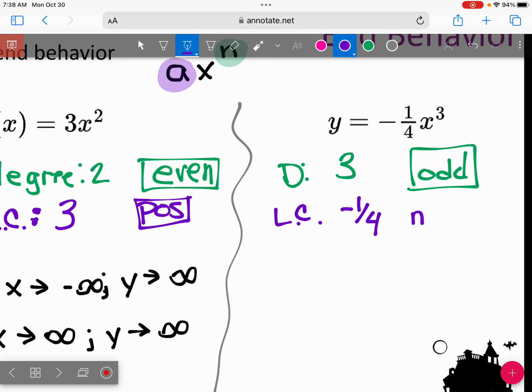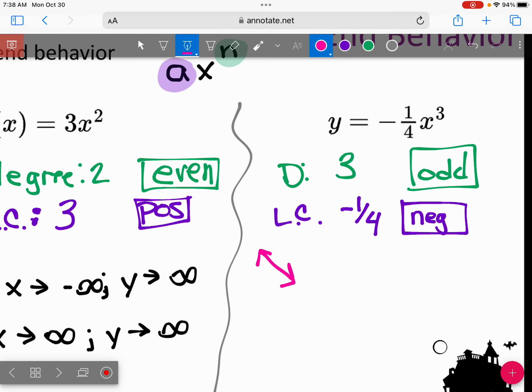Negative. So if it's odd and negative, that's when we think about a line with a negative slope. And it's going to have the same arrows as a line with a negative slope.